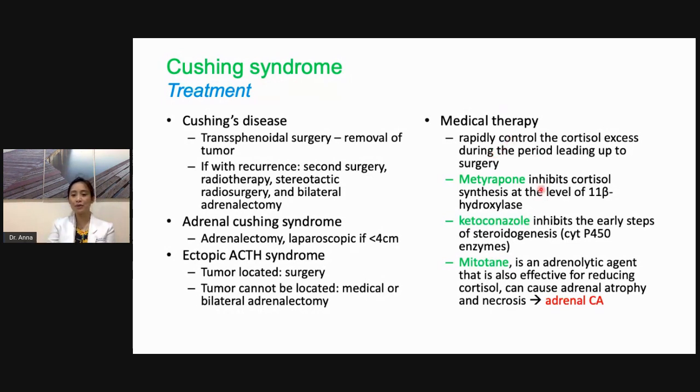But the most common is your metirapone, followed by your ketoconazole, and you have also mitotane. Now, mitotane is a very strong adrenolytic agent that we usually use for adrenal carcinoma. However, all these drugs are not available here in the Philippines, so usually we import them from either Singapore or even India.